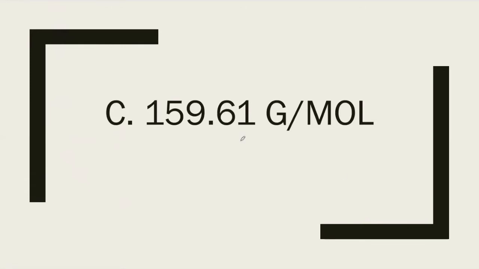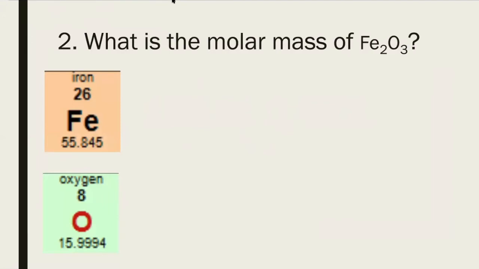Okay. So next, let's move on to the second question. What is the molar mass of Fe2O3? So same process, identify how many atoms per element. So Fe or iron has 2 atoms and oxygen has 3 atoms.